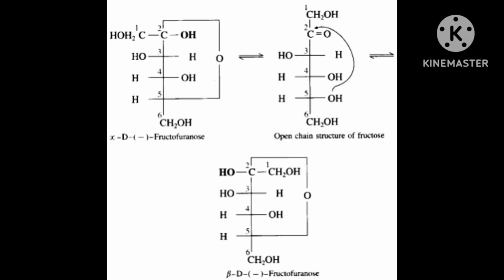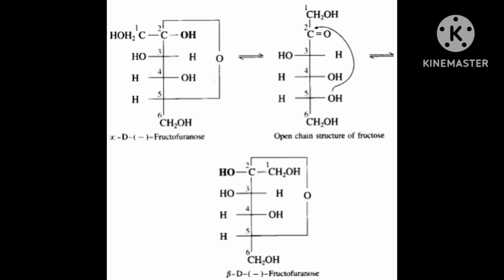It belongs to the D series, but it rotates the light towards the left. That's why it is called a laevorotatory compound. It is appropriately written as D-(-)-fructose. Correct? Its open structure I have already told you.